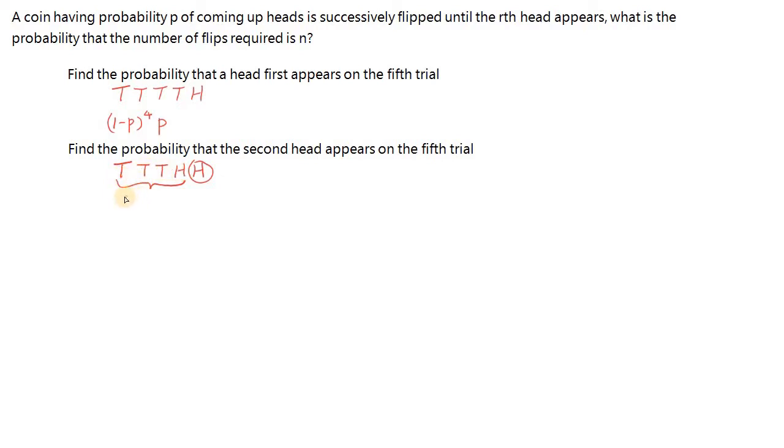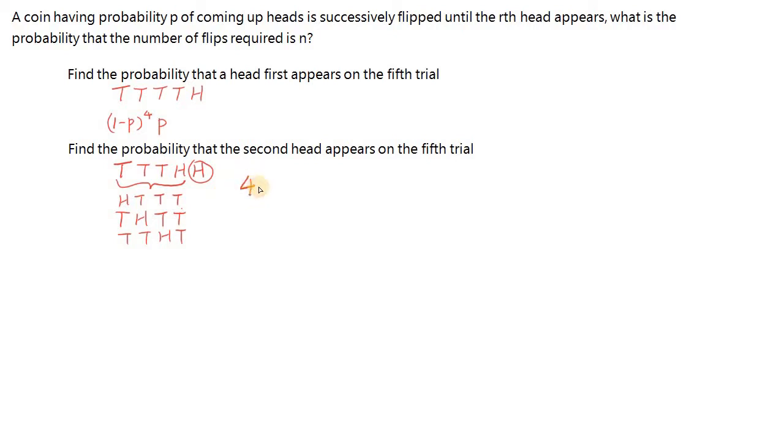So basically, you're going to have 4 possible sequences. Basically, these would be the 4 ways of getting one head in the first 4 trials and then getting one head in the 5th trial.